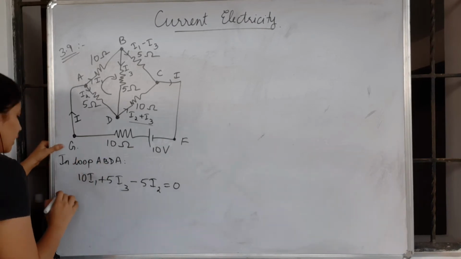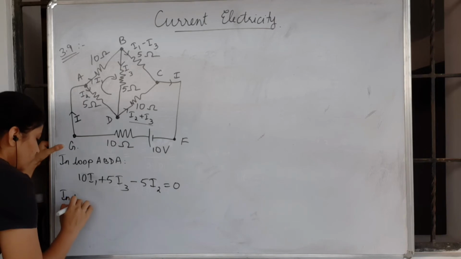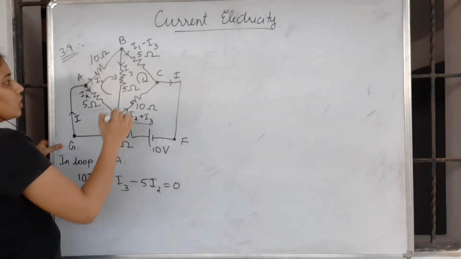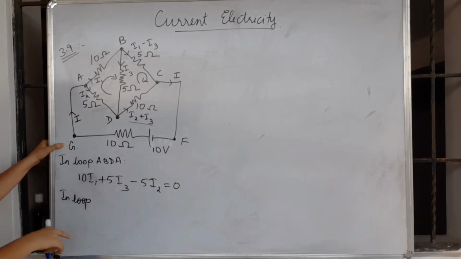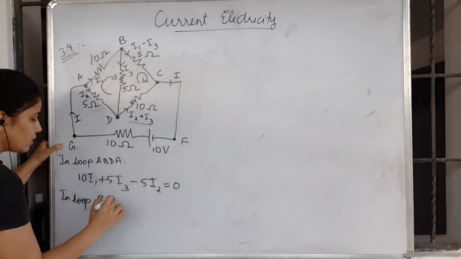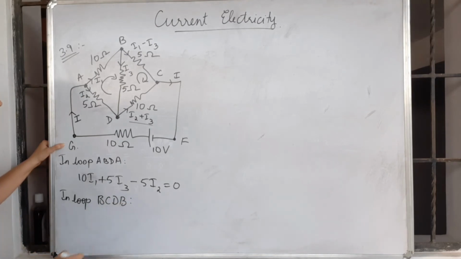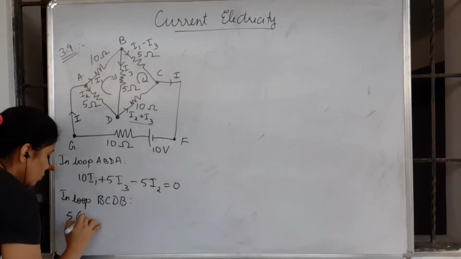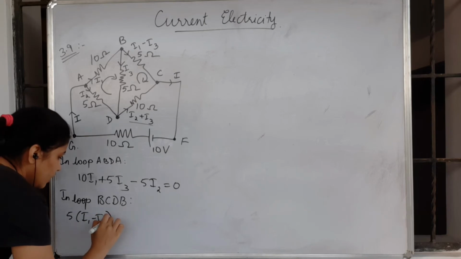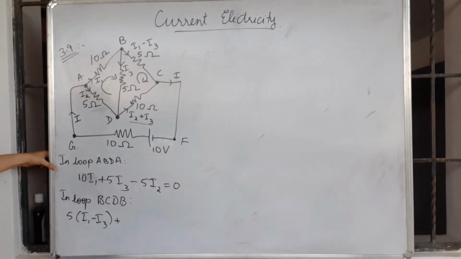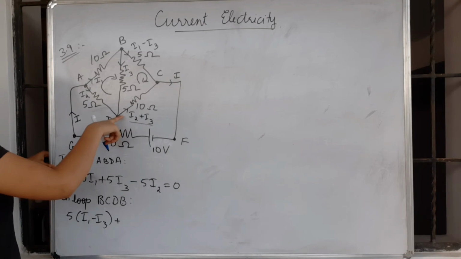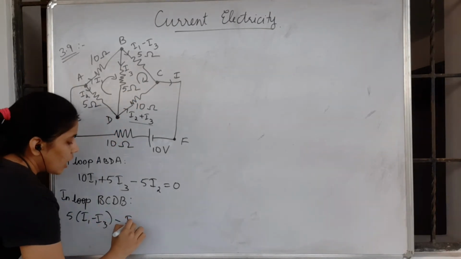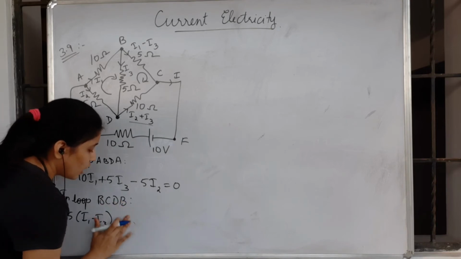Next is the loop BCDB. Here you have 5 into I1 minus I3, plus, we will not write plus because this current is in the opposite direction, so you will write minus 10 into I2 plus I3.